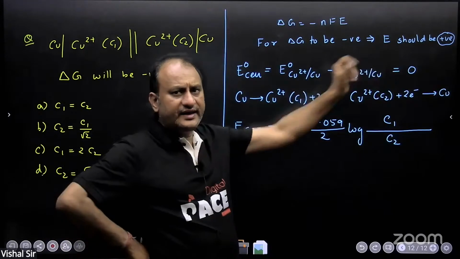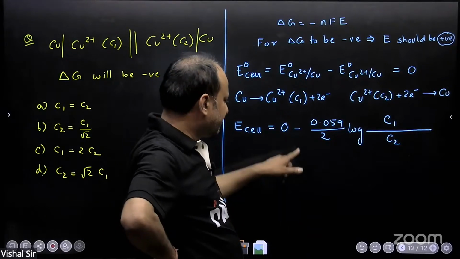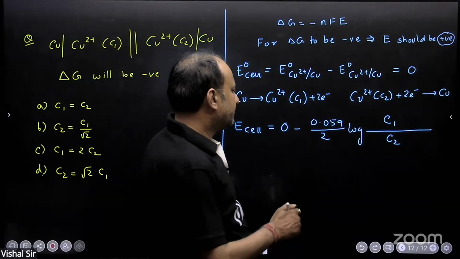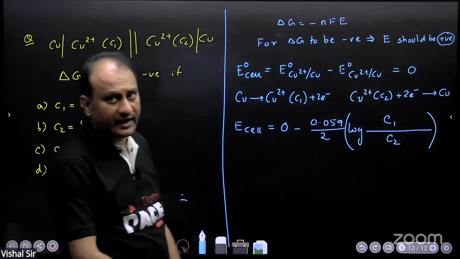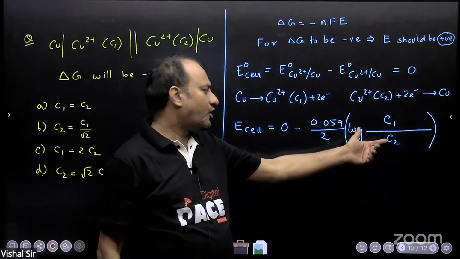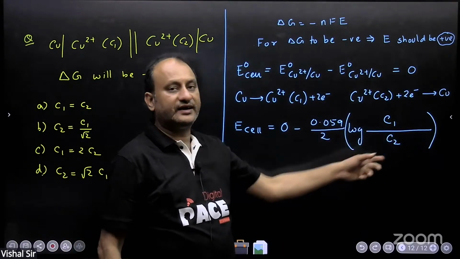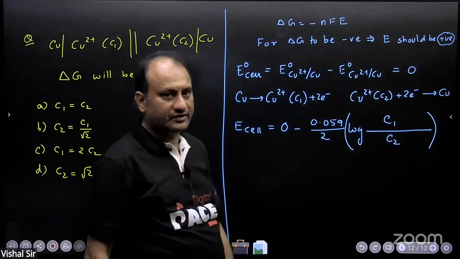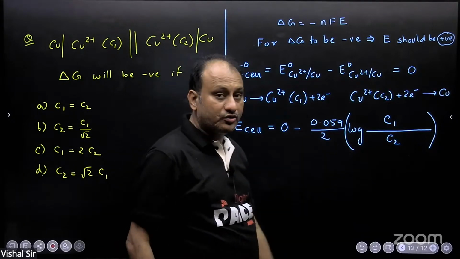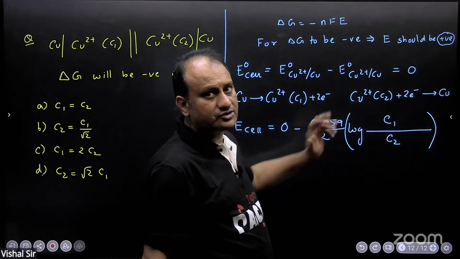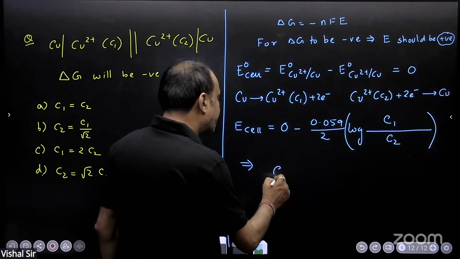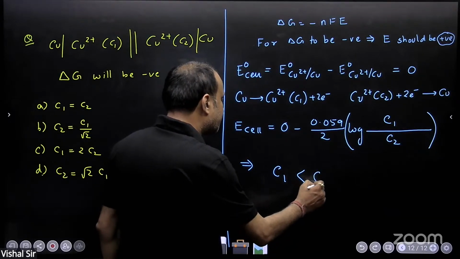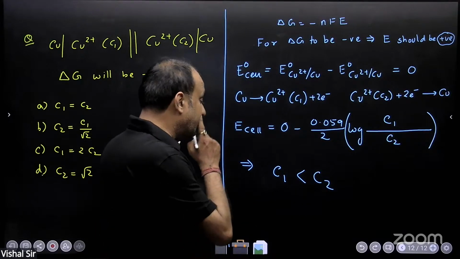So this becomes our effective equation. We want E cell should be positive, and there is a negative sign here. Means this entire log term should come out negative. If this log term comes out negative, this entire RHS will become positive. And for log to be negative, the fraction should be less than 1. So our condition becomes C1 should be less than C2.